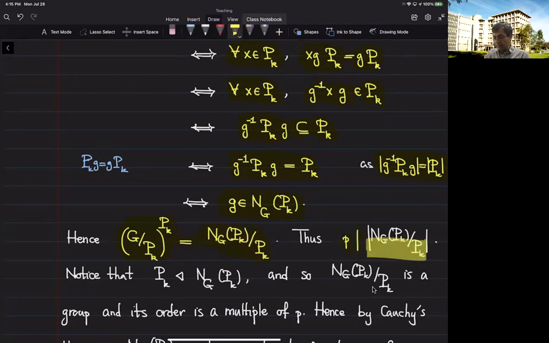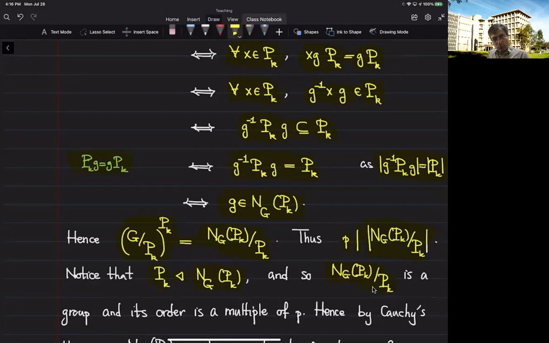Now notice, here is the magic. The point is that because this holds for every G in the normalizer, P sub k is a normal subgroup of this smaller group. And therefore, this quotient is a group itself.